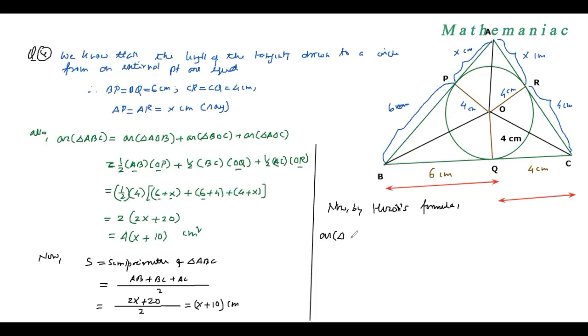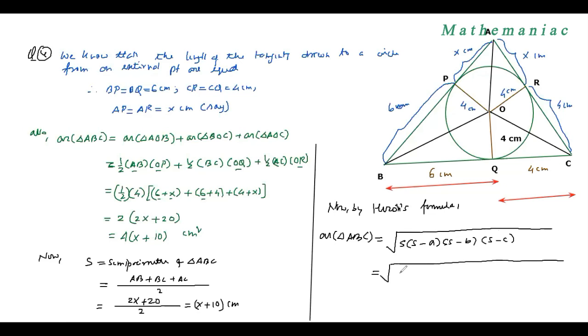Area of triangle ABC is equal to, right? So can you remember the formula? It was a big formula as S minus A, S minus B, S minus C. Good. So we are going to give this input.